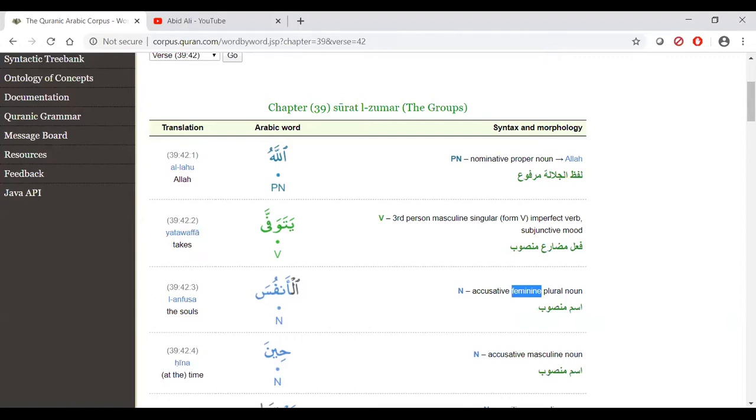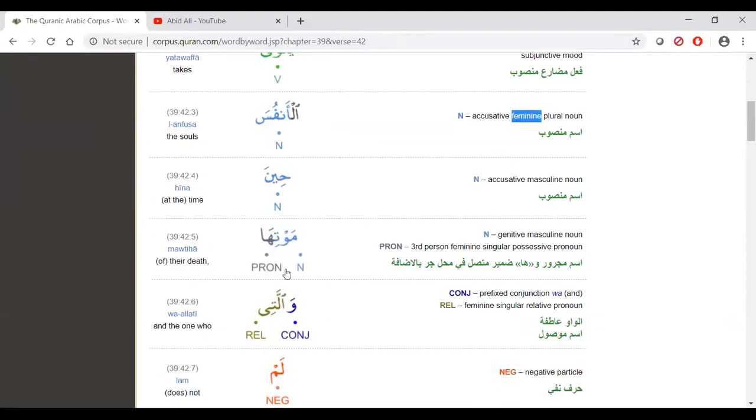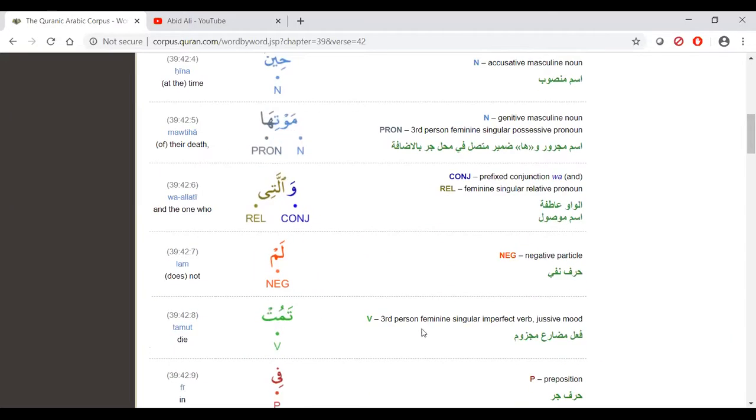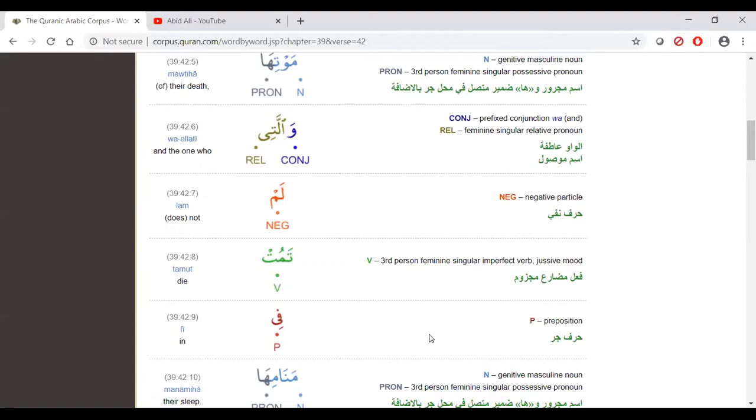So this link I sent you this morning, you can see. Now look at this: ismun majroor, damir muttasil fi mahalli jarr bil idafa. Mashallah, there is a lot of information here. It is a genitive masculine noun, meaning it is in the state of jar. Do you think you can benefit from this?